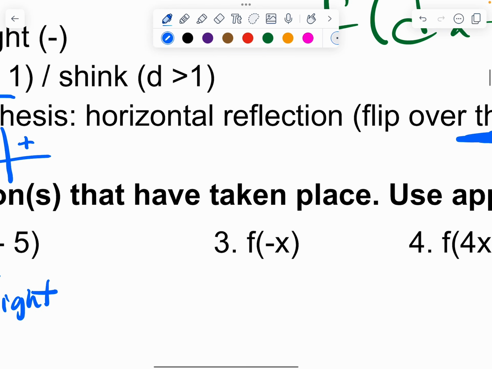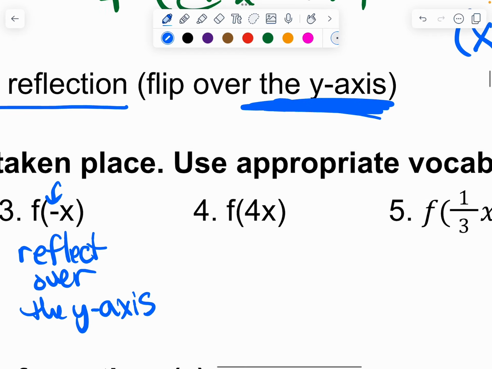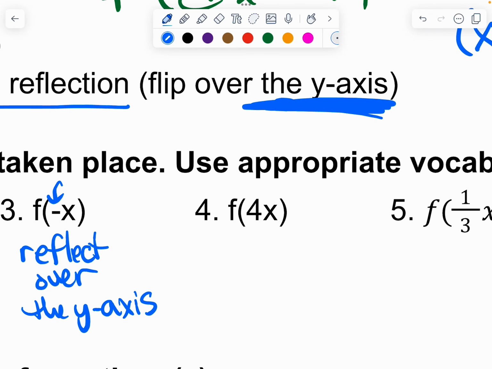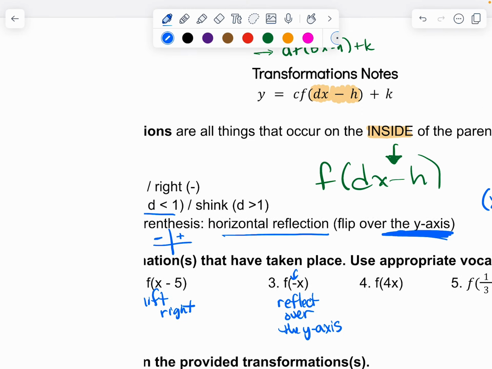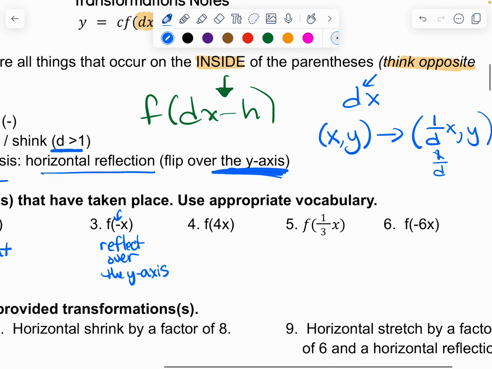Now, this has a negative. Negative means that we're going to have a reflection. So this is going to reflect over the y-axis. And this has a 4. Let's look up here. 4 is greater than 1, so it's going to be a horizontal shrink.